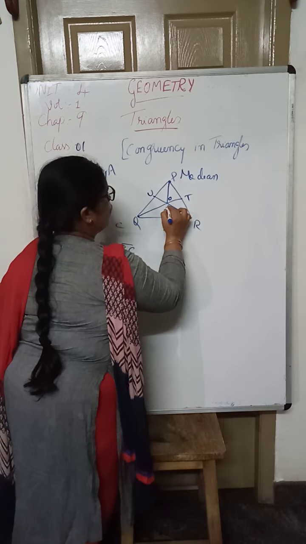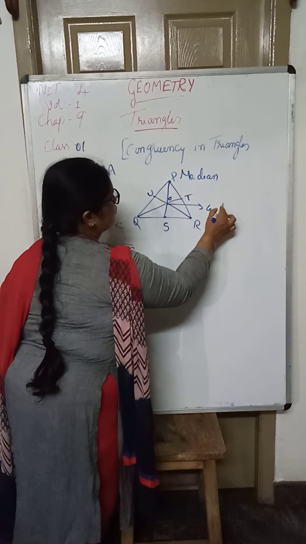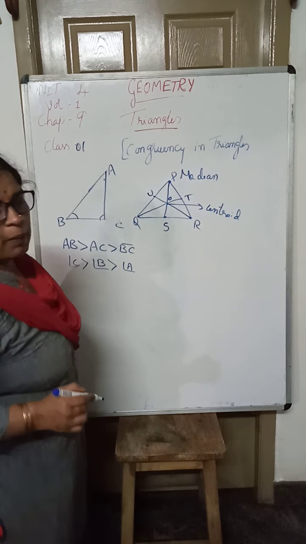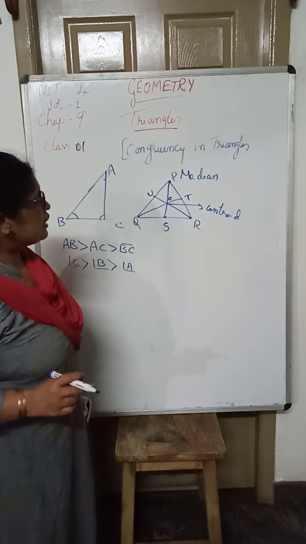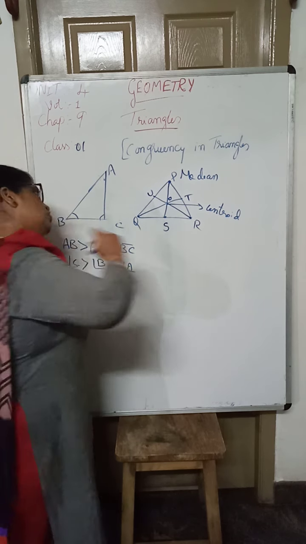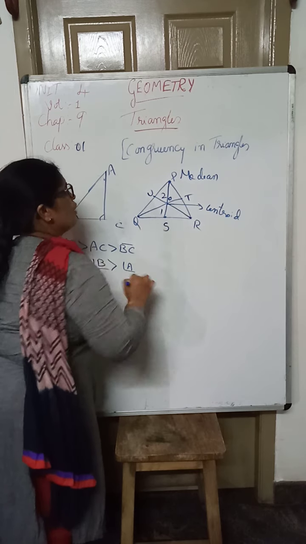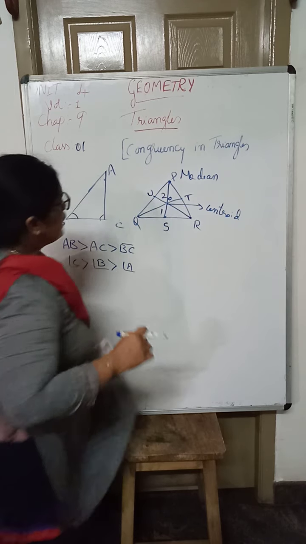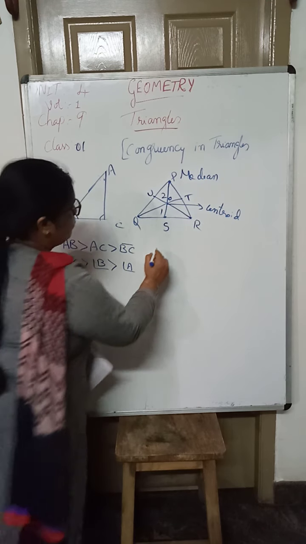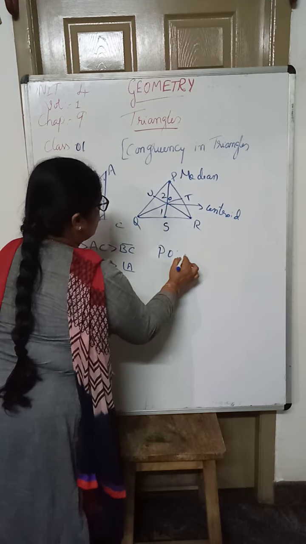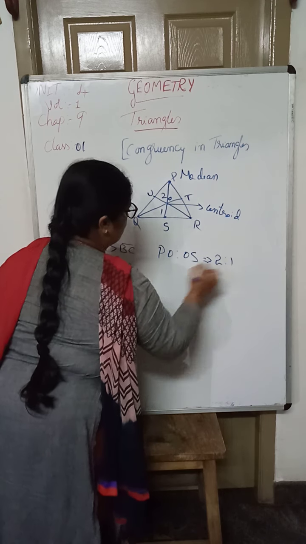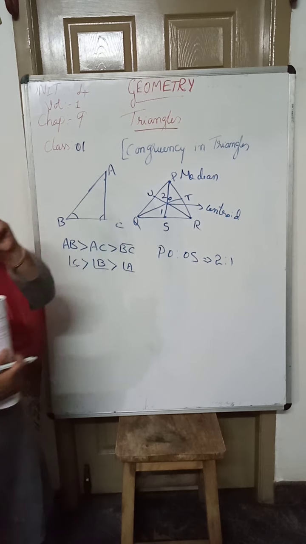Let us call it O, the centroid. The three medians pass through the centroid, and the centroid divides each median in the ratio 2:1 from the vertex. That is, PO to OS is equal to 2:1. This is about the median.